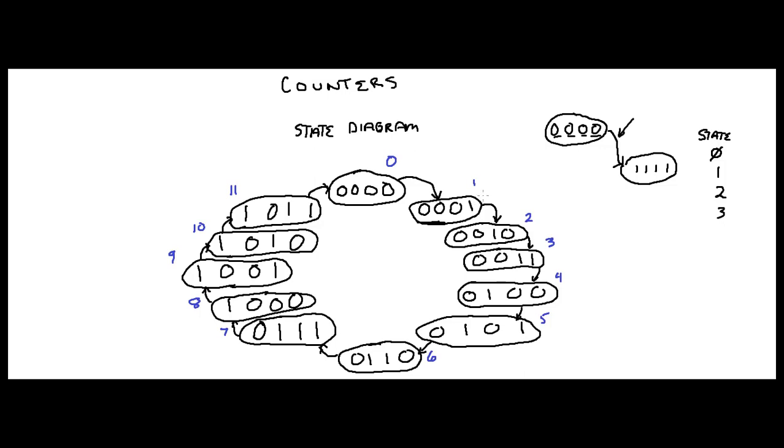So this is a state diagram. I think it gives a visual representation of what you're trying to do. When you're thinking of a circuit and where you want it to progress through what states, this is beautiful, because you can literally just look at it, go through it in your mind, and see what's happening.